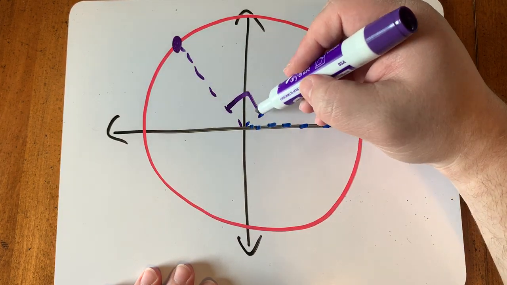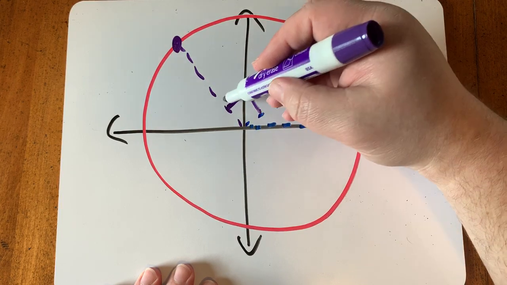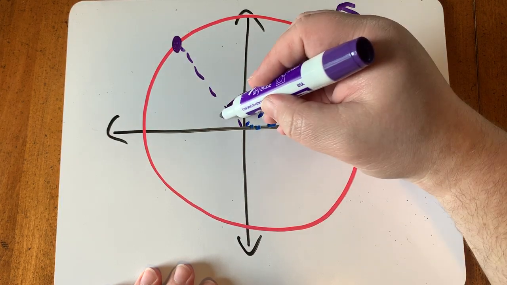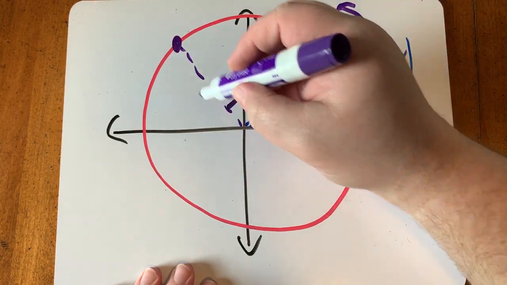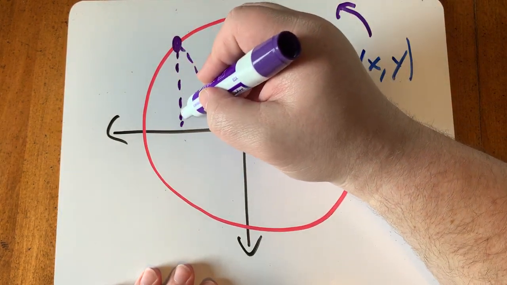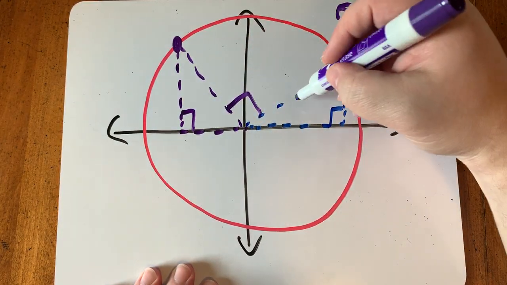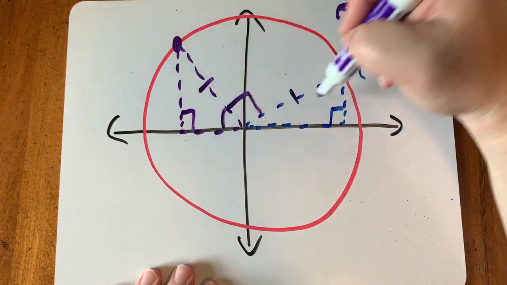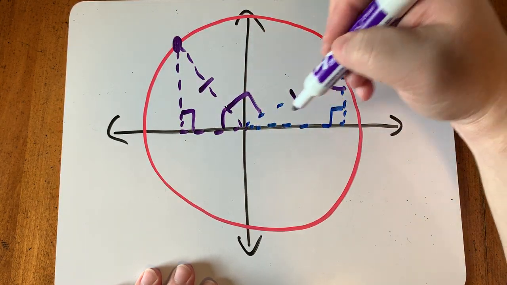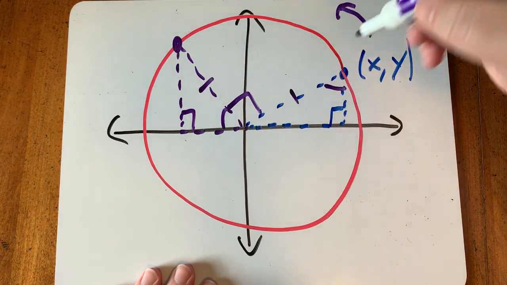And if this adds up to 90 degrees, this angle and that angle will be complementary. So this is the same as that. So this triangle is the same as that triangle with congruent hypotenuses. Those angles are congruent. So we've got two congruent triangles.